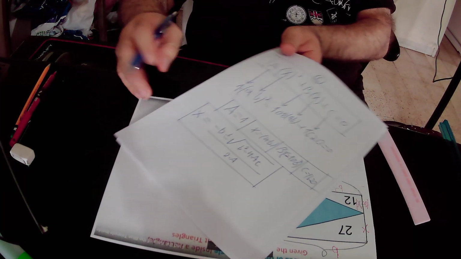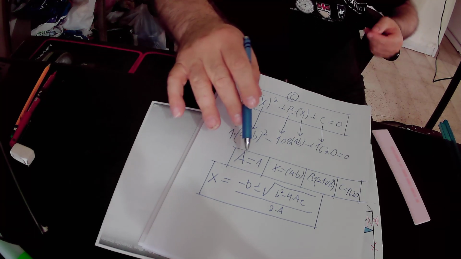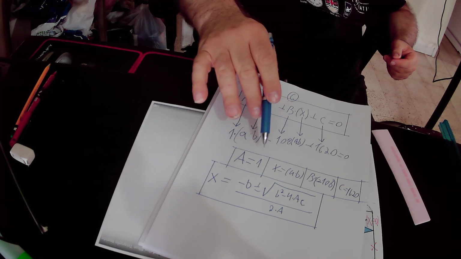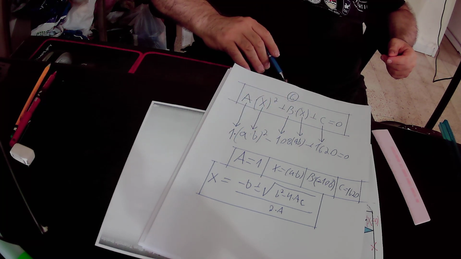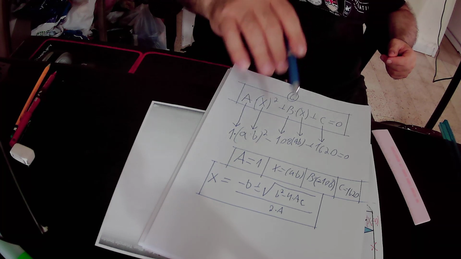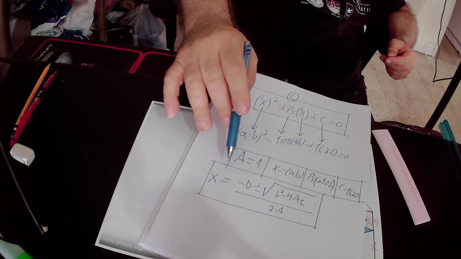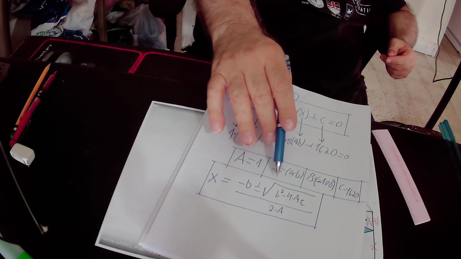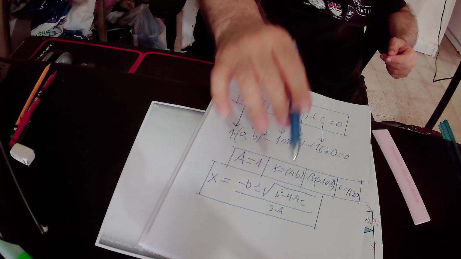So again, this is the general formula for x. X equals minus b plus minus. As I already told you, plus minus implies that we will have two different solutions for x. So x equals minus b plus minus root of b squared minus 4 times a times c, all divided by 2a.